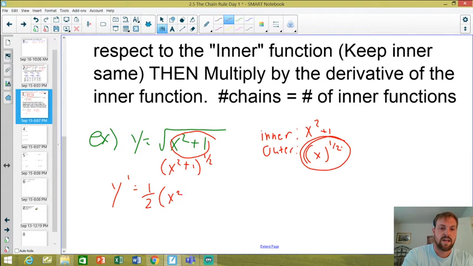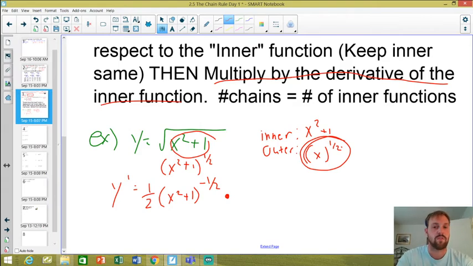I'm going to leave the inside untouched, and I subtract a power, so it goes to negative 1/2. So you see that we did the derivative of the outside part, x to the 1/2, while leaving the inside untouched. And then what we're supposed to do is multiply by the derivative of the inner function. So the derivative of x squared plus 1 is just 2x. And that's my answer.